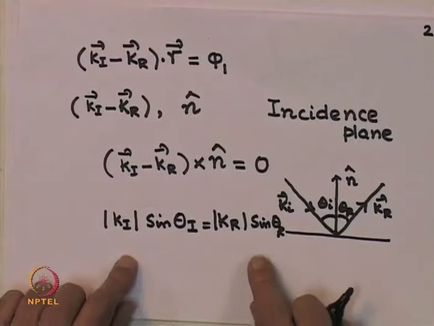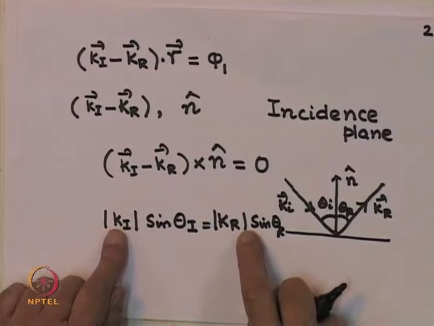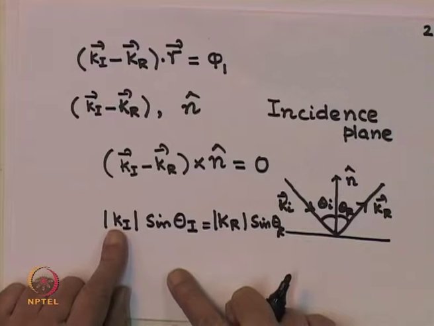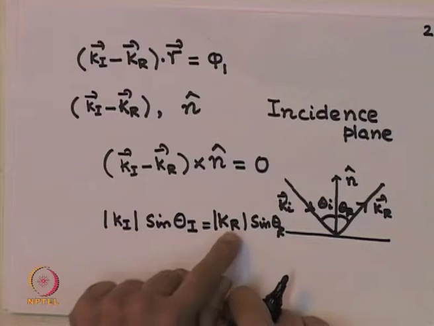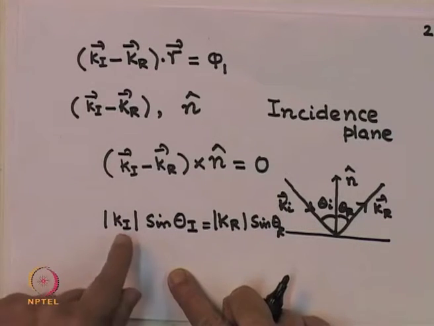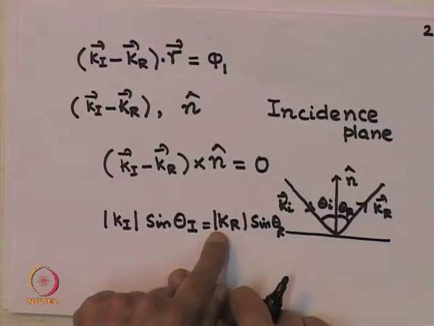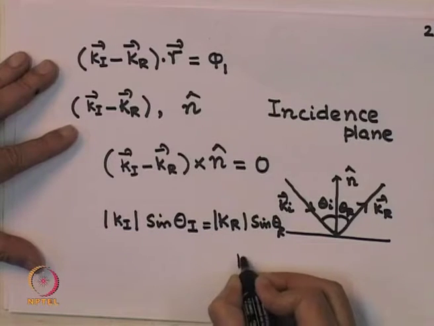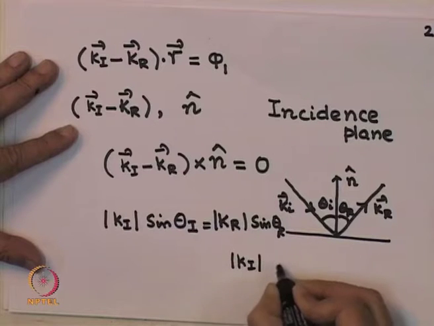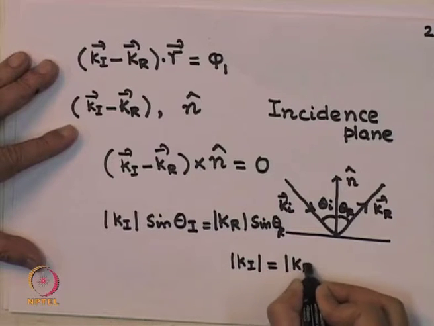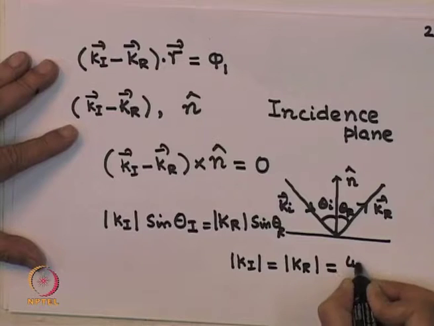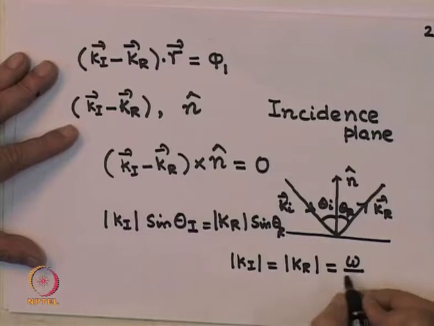Now, since the incident ray and the reflected ray are in the same medium, their directions are different, but the magnitude of the propagation vector must be the same. So the magnitude of k_i is equal to k_r, which is omega divided by the velocity in that medium.